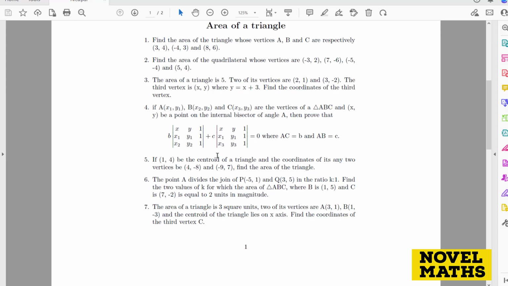Alright, so if you are not familiar with the determinant or the properties of determinant, you can skip it. But this is more or less a question of simplification, and you must know the angle bisector theorem. Also, you already know if 3 points are collinear, the area of triangle will be 0. So let's try to solve it. You can also think and solve it. If you can't, you can come back here and see the solution.